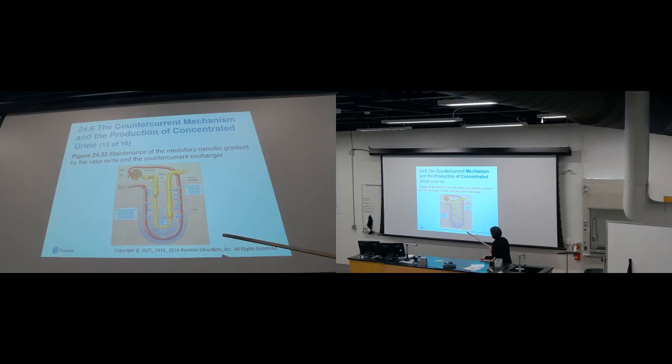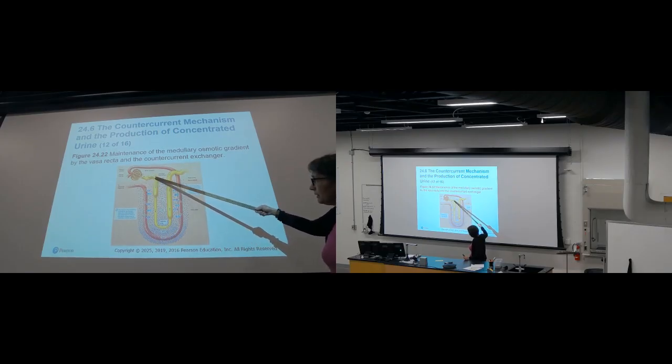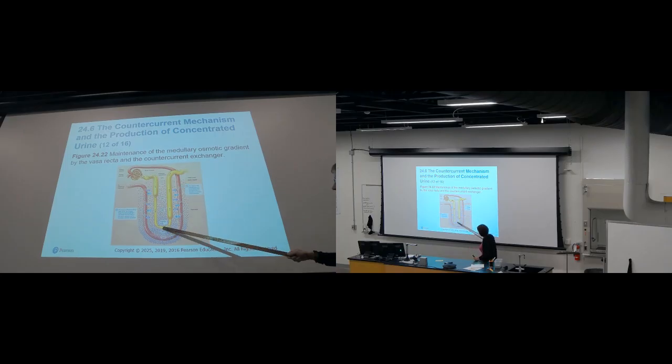So this is the complete picture. We have this filtrate that goes into the tubules of the nephron, and it changes its osmolarity from low to high and from high to low.